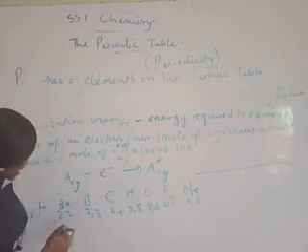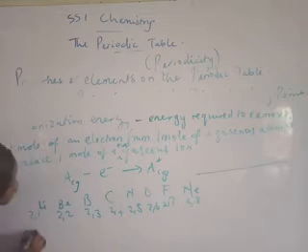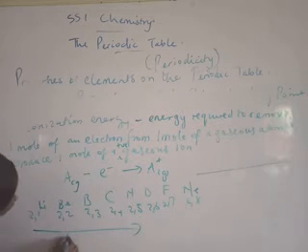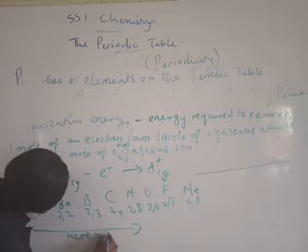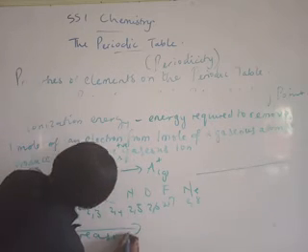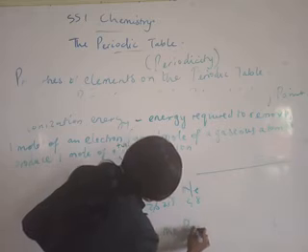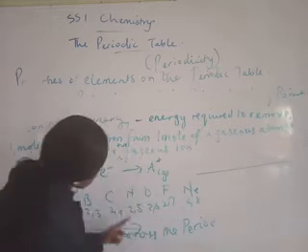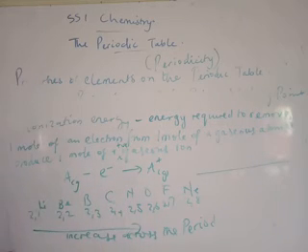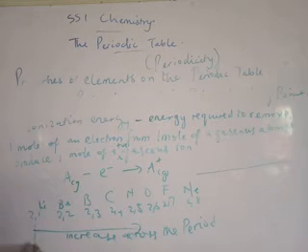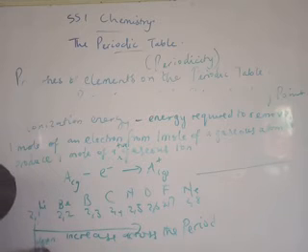So you can see that, just the way I explained it, the ionization energy will increase across the period. Is that okay? It increases across the period and decreases down the group.